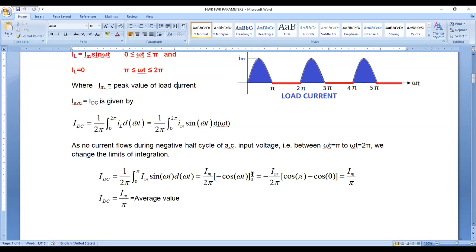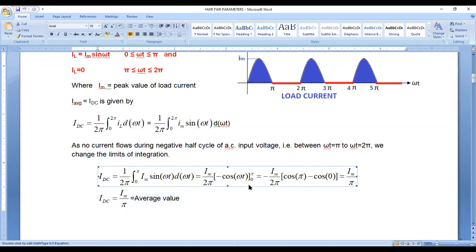If you integrate and apply these limits, you get Im by pi. This is the average value or DC current for this waveform.